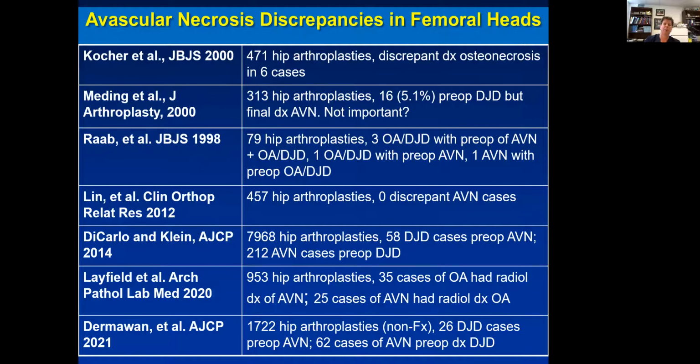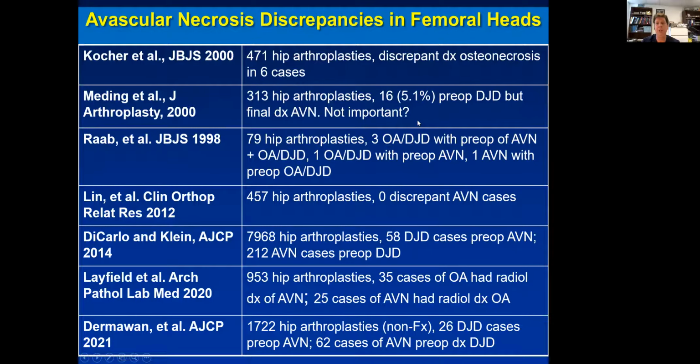One of the more interesting studies I thought was a study by Medding et al., who concluded basically that there was very little need to examine a hip arthroplasty specimen. They only looked at 313 hip arthroplasties, and they did note as the most common discrepancy 16 cases with a preoperative diagnosis of DJD, but a final diagnosis of AVN.